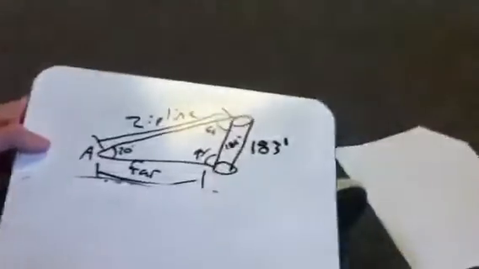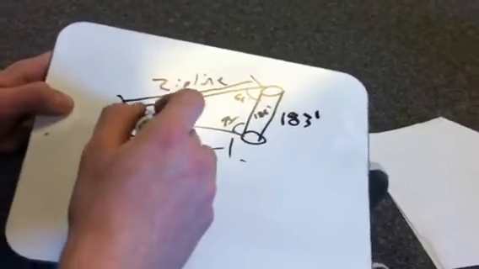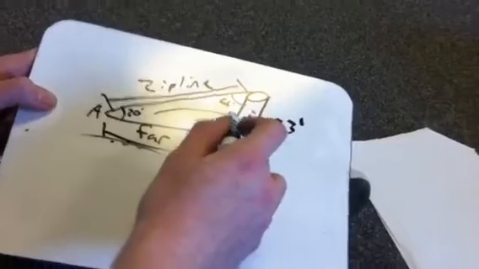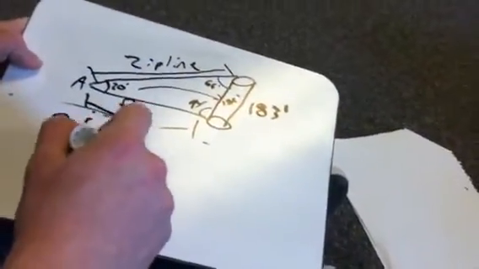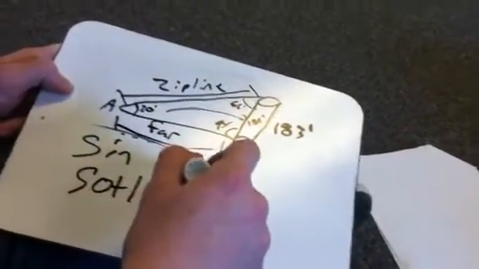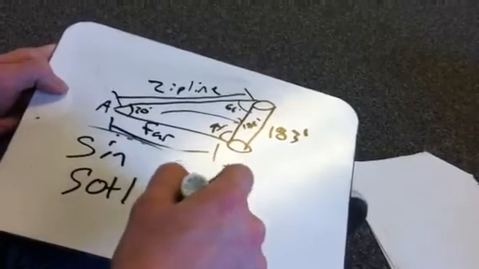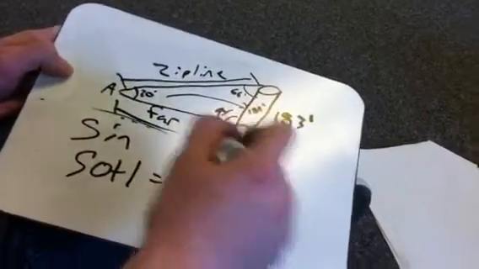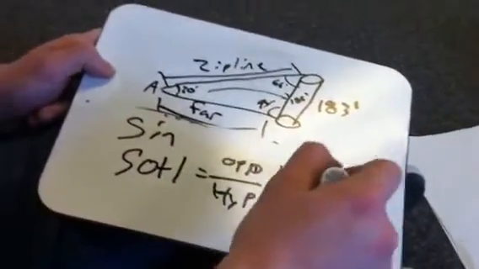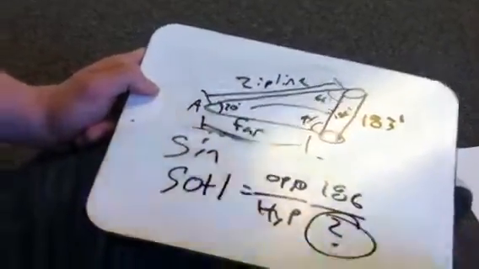And the way we figured that out was when you have the sine of 20 degrees, which is opposite, because sine is SOH, which is opposite over hypotenuse, and we know the opposite, which is 186, but we don't know the hypotenuse, so we have to figure out the hypotenuse.